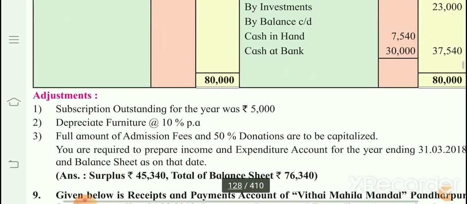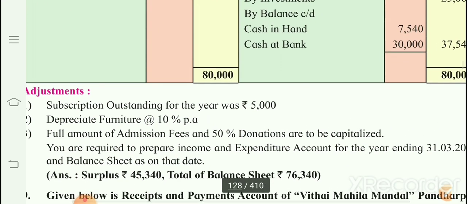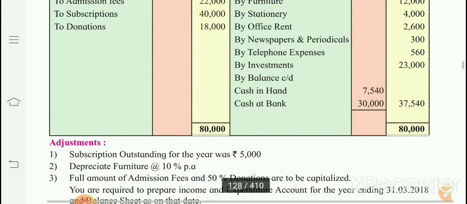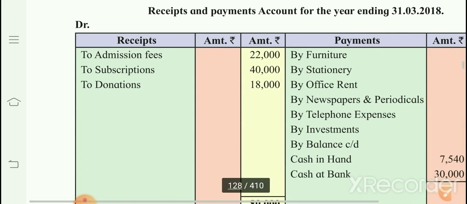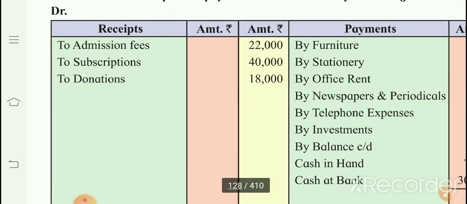Then last adjustment, full amount of admission fees and 50% donations are to be capitalized. On receipt side, admission fees is given rupees 22,000. We are going to capitalize it fully, that means full amount will be added to the amount of capital. In this question there is no amount of capital, that's why we will create the amount of capital by adding admission fees and donations.